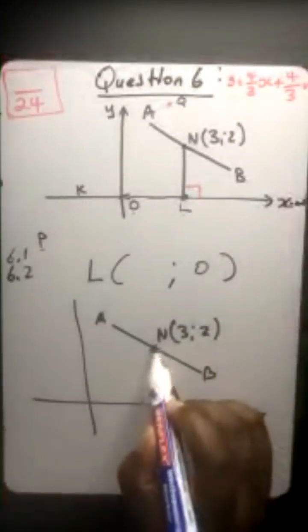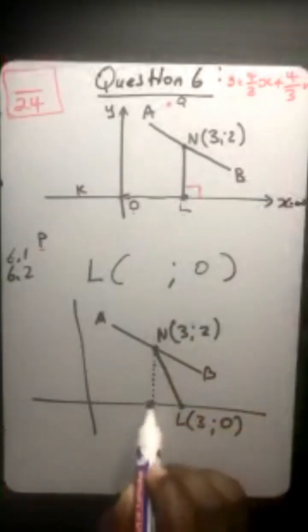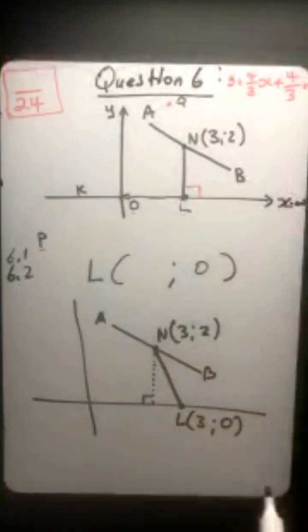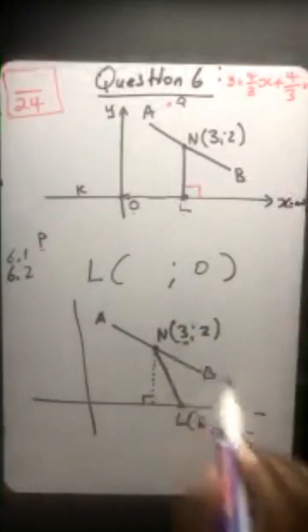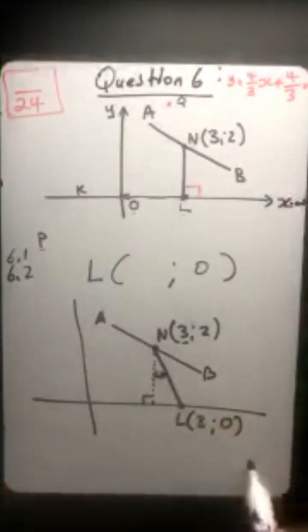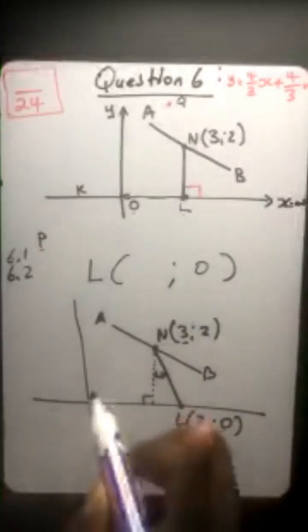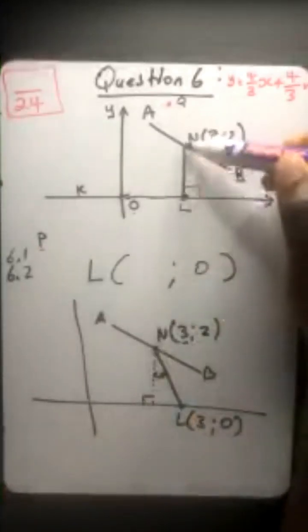Because the 3 only carries over when you have a straight vertical line forming a 90-degree angle. Otherwise this point won't have the same x value because it is at an angle. So it is very important for you to understand if this line is a vertical line.